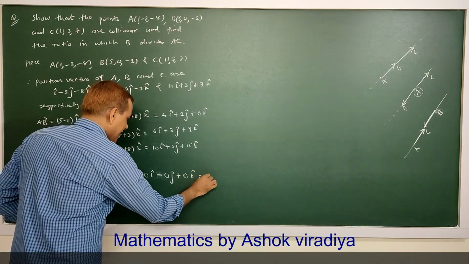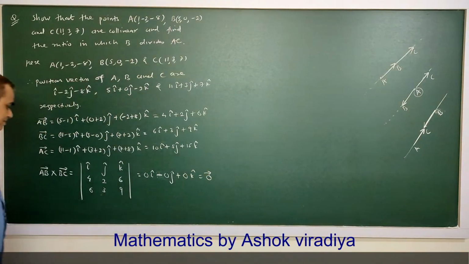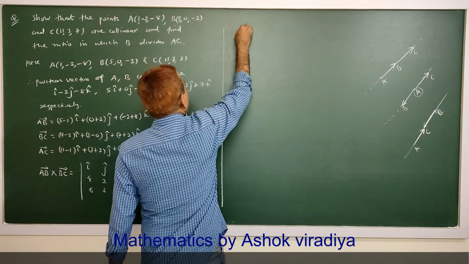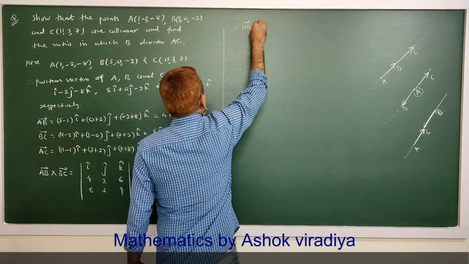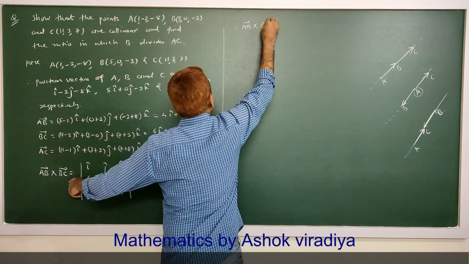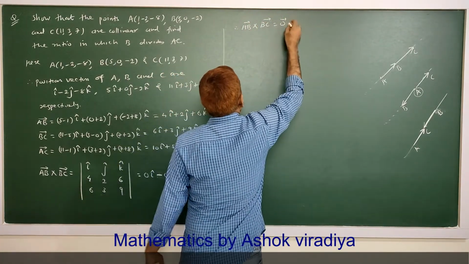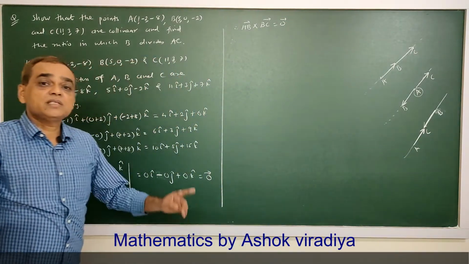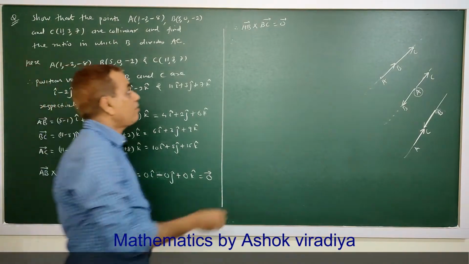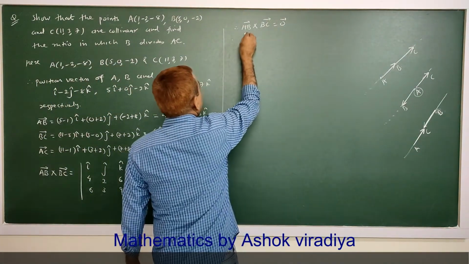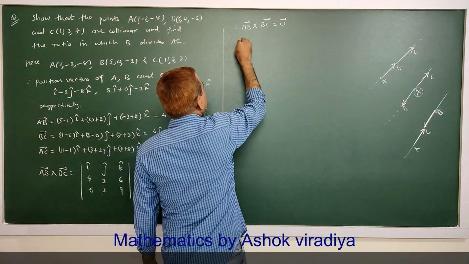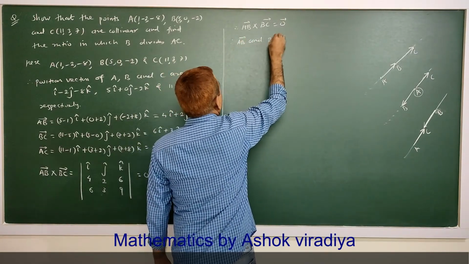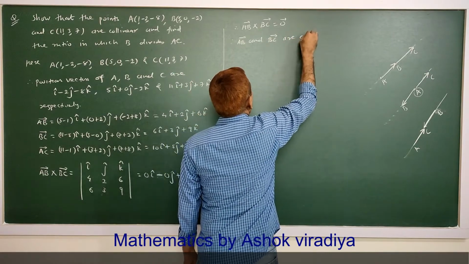So it is clear that this is the zero vector. So AB cross BC is the zero vector. Therefore these are collinear. So points are collinear. Vectors AB and BC are collinear.